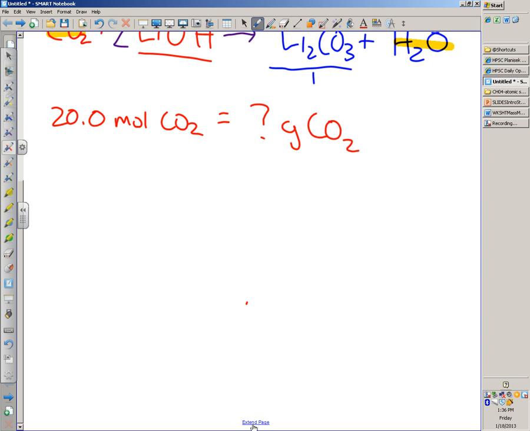So we start off with what the problem gave us. 20 moles carbon dioxide. The next step in doing a conversion factor problem is what? Put it over 1. Then what?